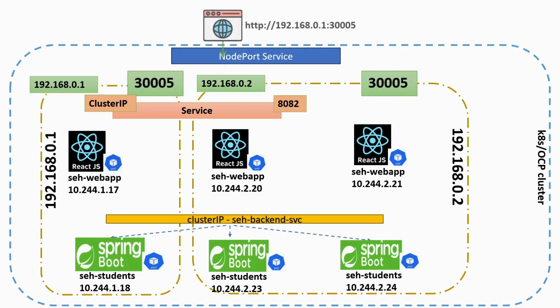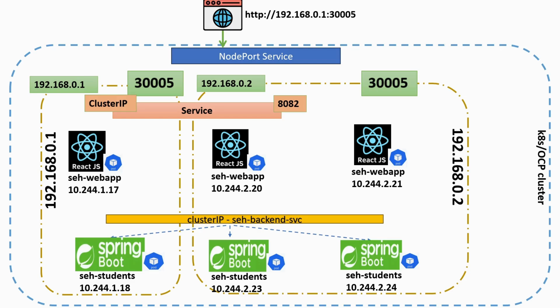Now, from outside the cluster, for example from a browser, we access the application using something like http://IP address:port number. So what's happening here? The external request first hits the worker node, specifically worker node IP and node port, which is 30,005. Once the request reaches the worker node on 30,005 port number, Kubernetes takes over and routes the traffic internally.